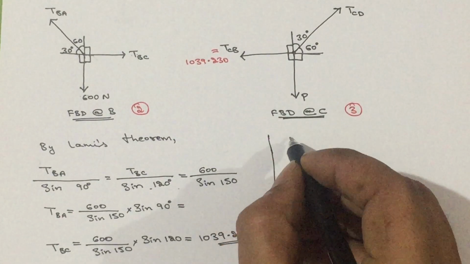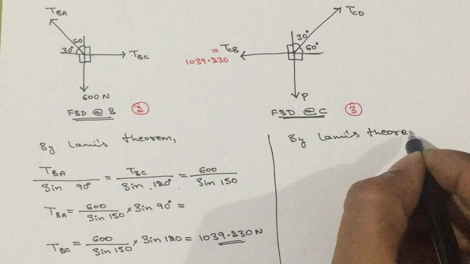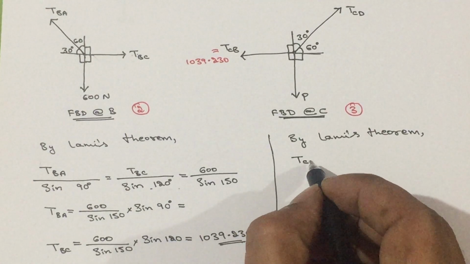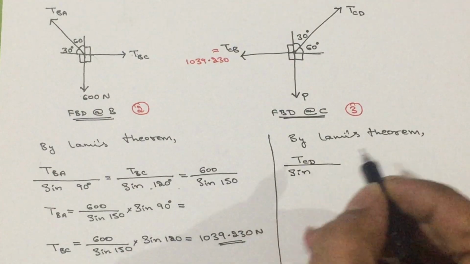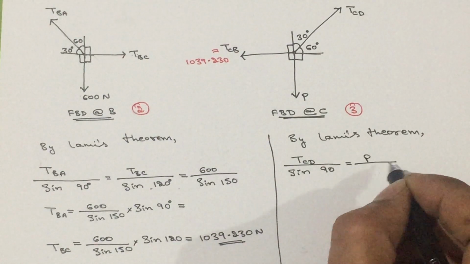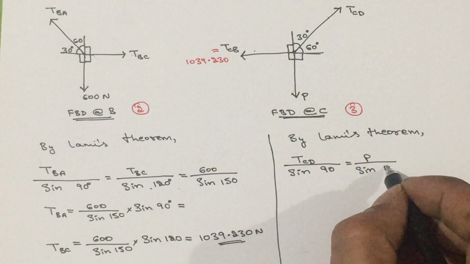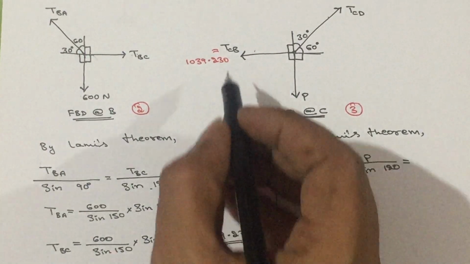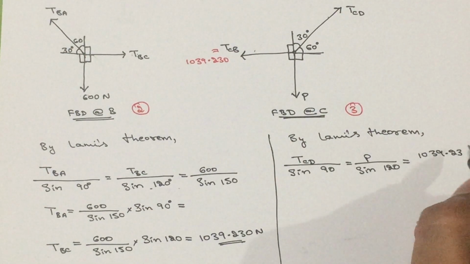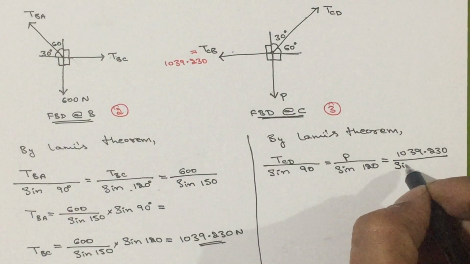So, by using Lami's theorem, we can write the Lami's equation as, first write the unknown force, that is TCD divided by sine of the angle between the other two forces, 90 degrees, equal to the next force P divided by sine of the angle between the other two forces, 90 plus 30, that is 120, equal to the next force TCB, that is 1039.230 divided by sine of the angle between the other two forces.